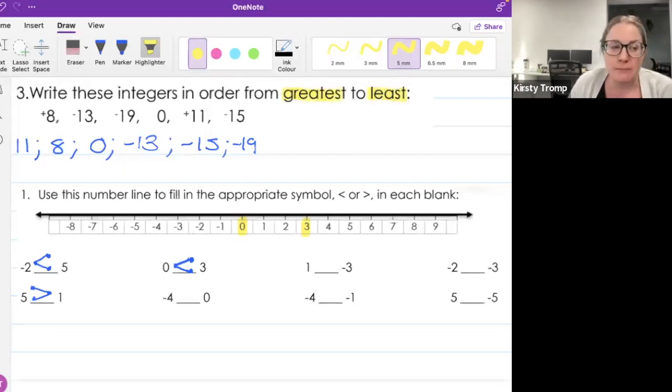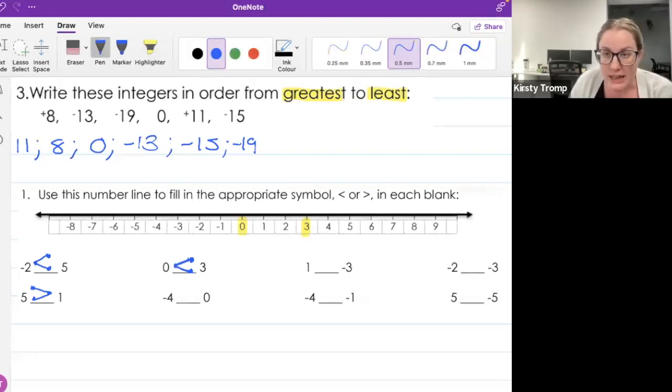So if we put those numbers on a number line like we did just now, what can we see? We can see that the greatest number on our number line will be the number 11, and the smallest number on our number line will be negative 19. So if you're unsure, go back, watch the video of when we did it. Draw yourself a number line, have a look at it, and you're going to go from the greatest to the least number.